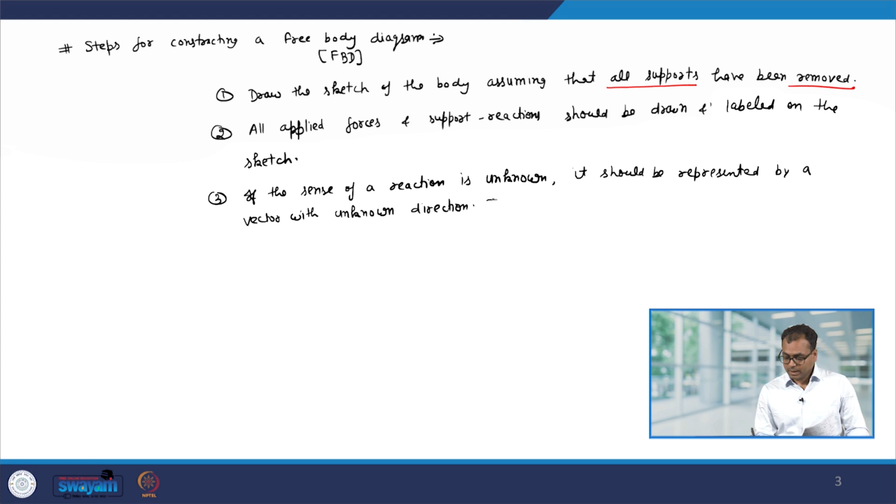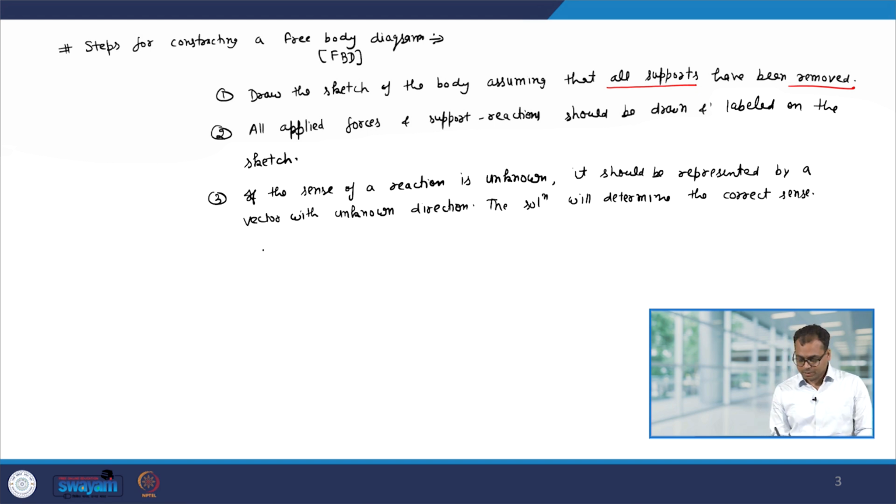Okay. And then we will look at the solution, and this solution will determine the correct sense of rotation or the correct sense of the direction.